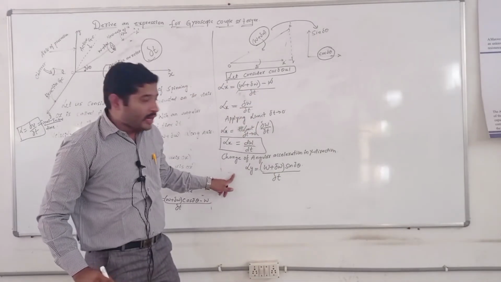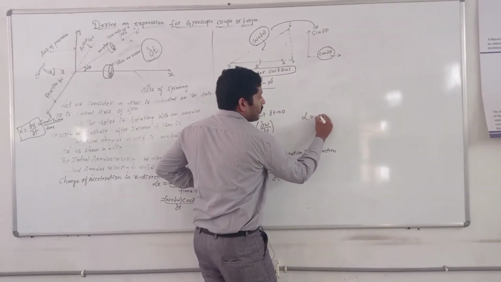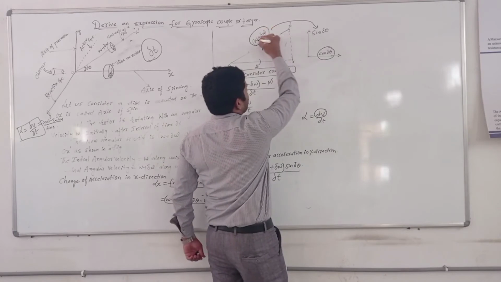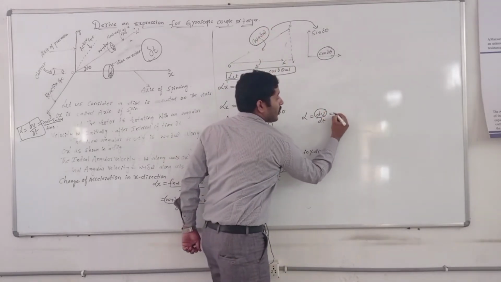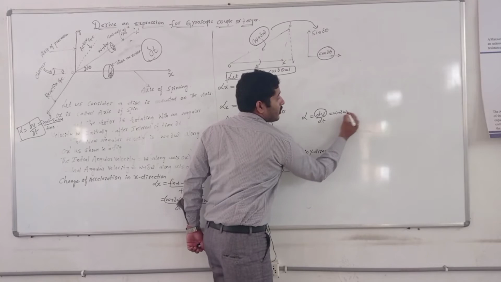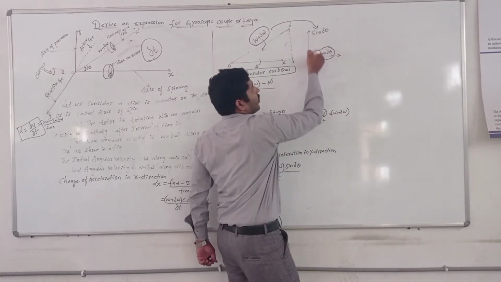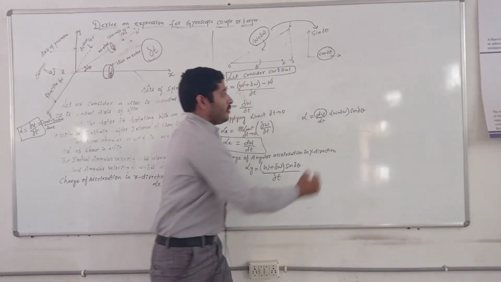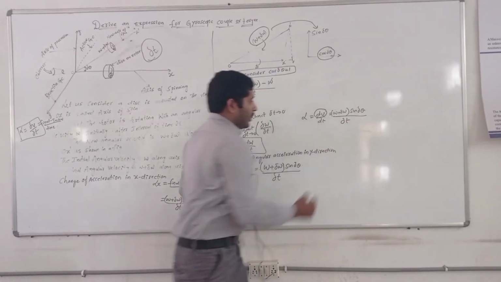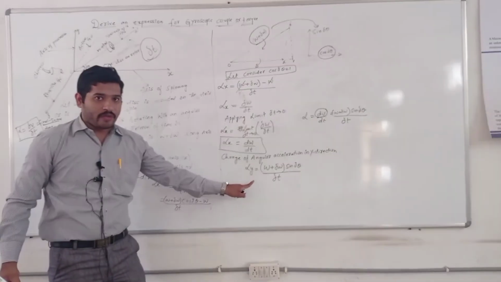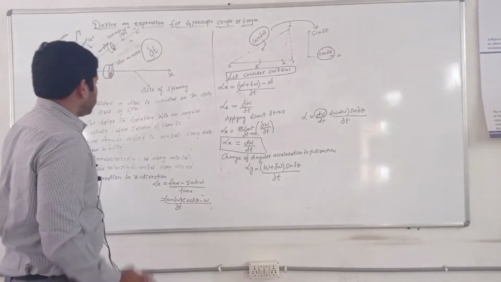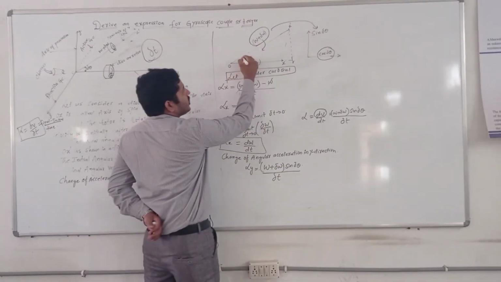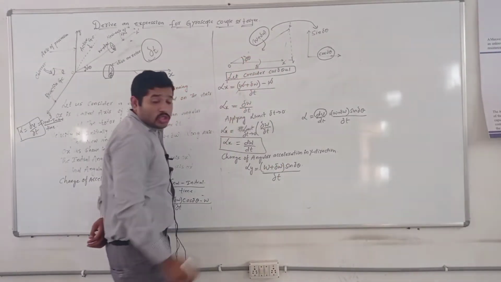Angular acceleration is nothing but the rate of change of velocity with respect to time. What is the final velocity? It is omega plus delta omega. So how is it moving? It is moving in the perpendicular direction. For that reason I represent sin delta theta with respect to time. Any confusion here? No confusion. Again we need to find sin delta theta, how much angle they change here? The small angle changes.